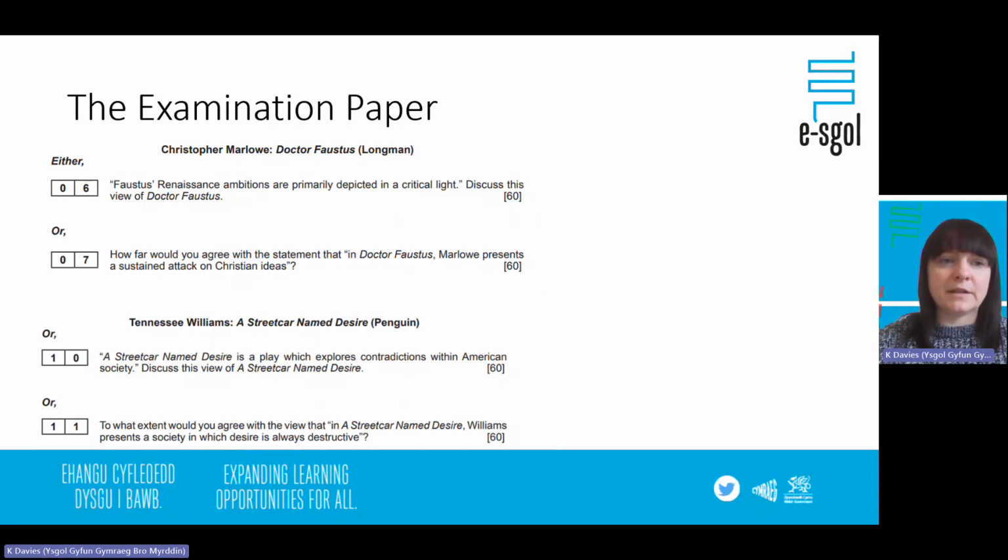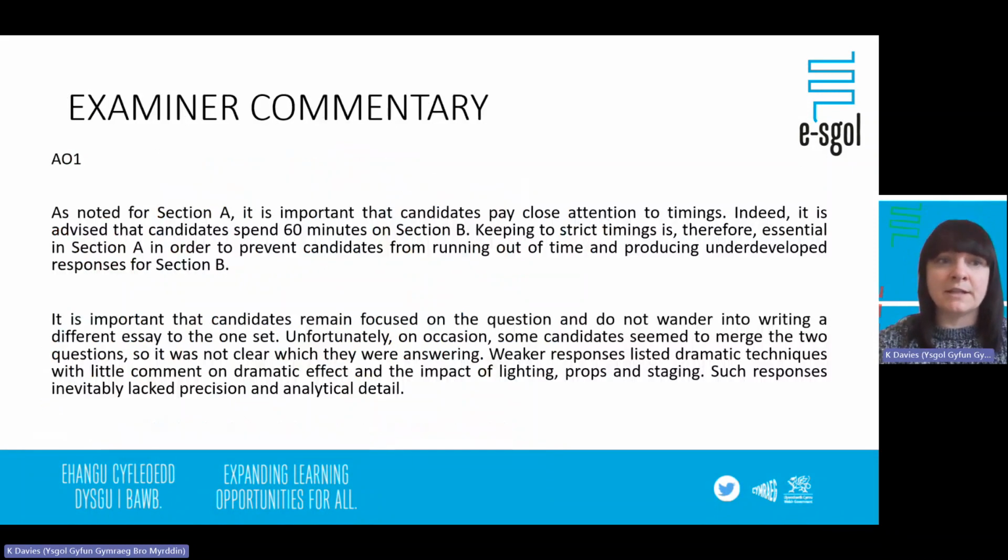So notice how you can choose whichever one you're most familiar with, okay? So you've got either or here, so you choose one of the two, differently to Section A, the essay question, where you are given a question and you're expected just to answer that. There's no options, okay? You can't choose something else.